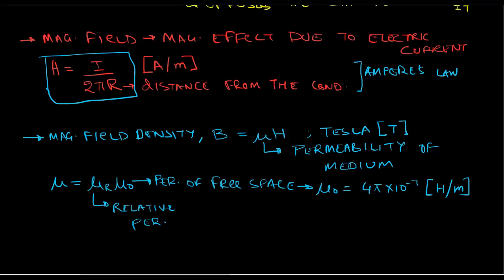Let me highlight this for you. So permeability of free space is basically the permeability of vacuum. If we are measuring the magnetic field density in air, for example, then we would multiply by the relative permeability of air, which is generally assumed to be 1.